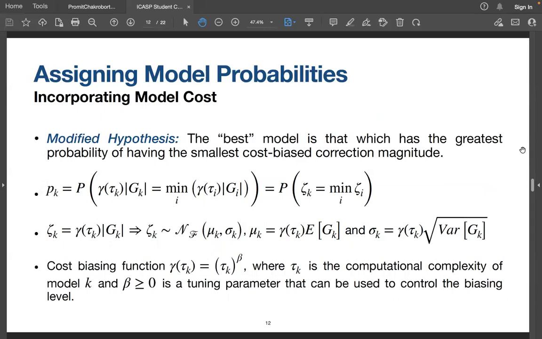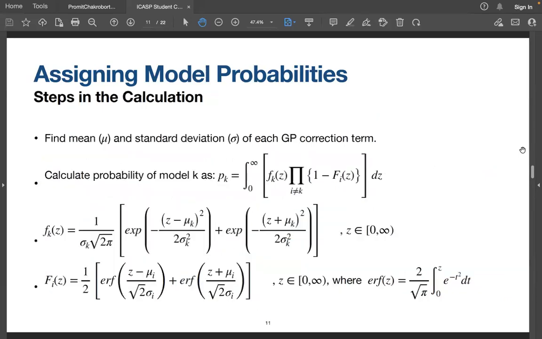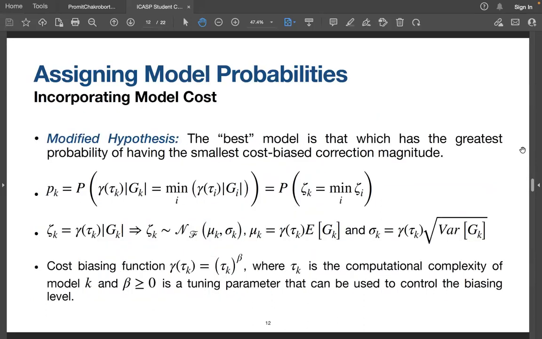For this function, we propose a certain form, which is tau raised to the beta, where tau is the computational complexity or perhaps the time taken in each evaluation of the model, and beta is a tuning parameter that we can use to control the biasing level. Once we compute the cost biased correction magnitude for each of the models at a point, we can use the same equations as before to compute the probabilities for each of the models.